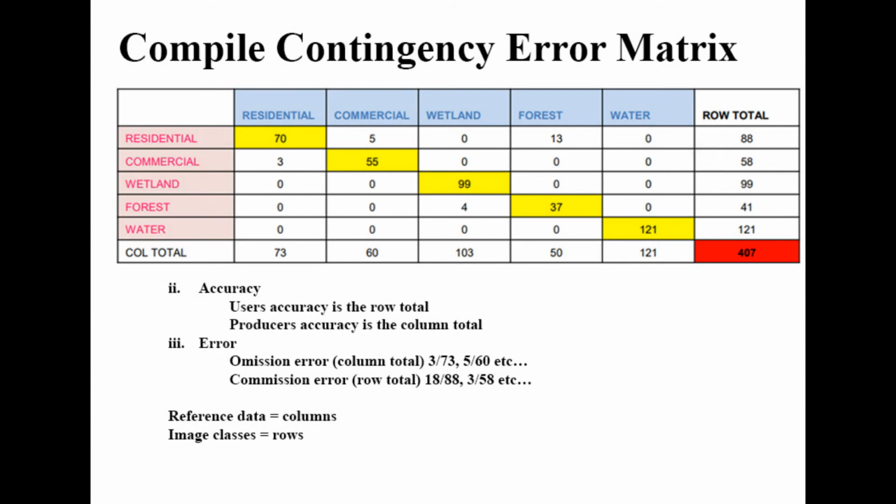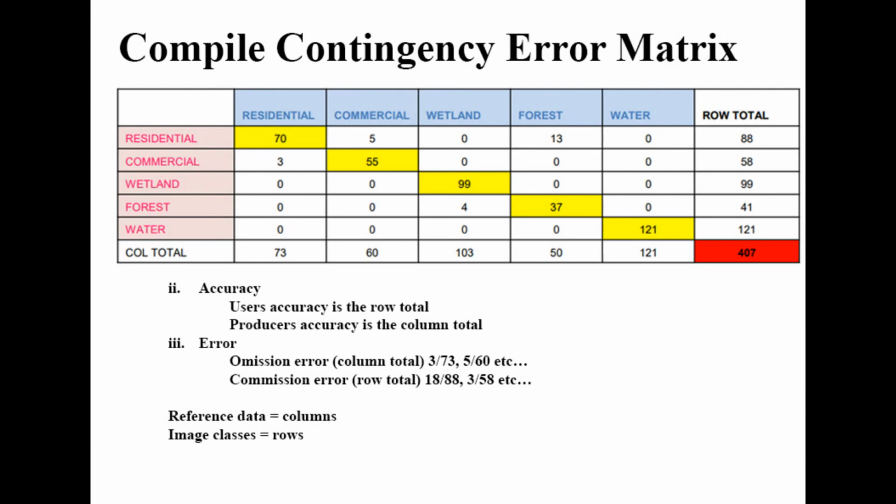So you have an accuracy and an error. The accuracy is the user's accuracy, which is the row total, and the producer's accuracy, which is the column total. It's not actually the total, it's just how much is affecting that total. And then you have the error, which can be the omission error, which is the column total. Then you have the commission error, which is the row total.